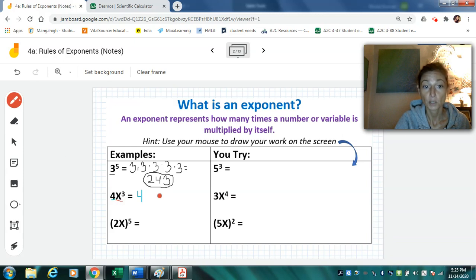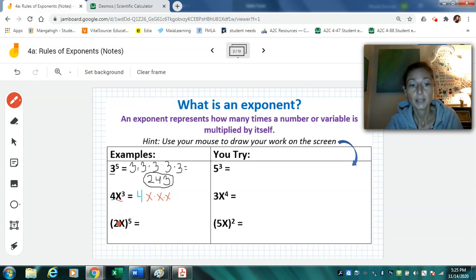So this x cubed here, that's x times x times x. So that's what that means. The 4 doesn't get affected by the cubed because it's not touching it, just the x does.